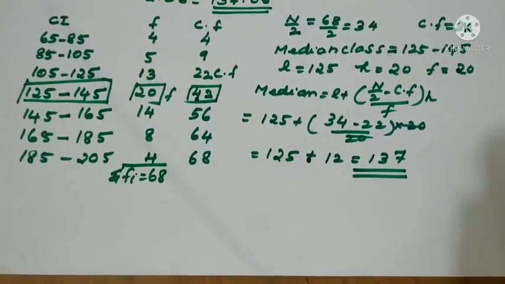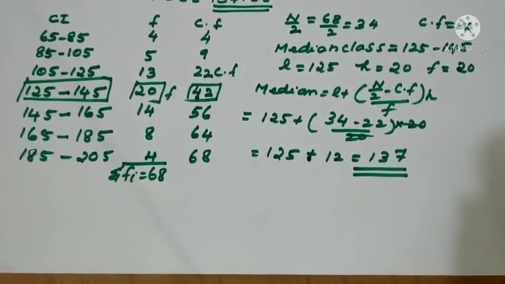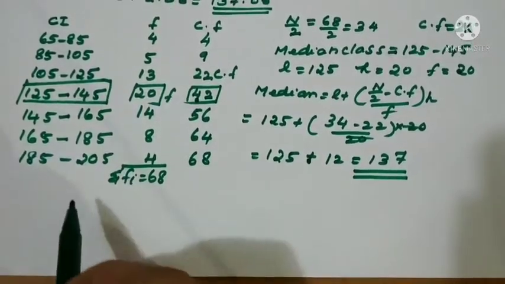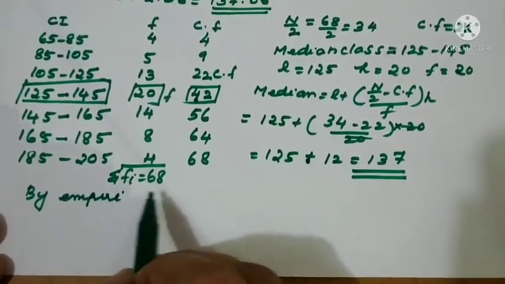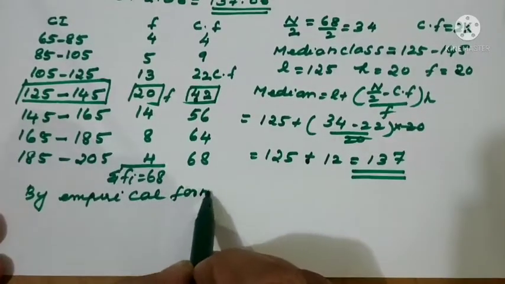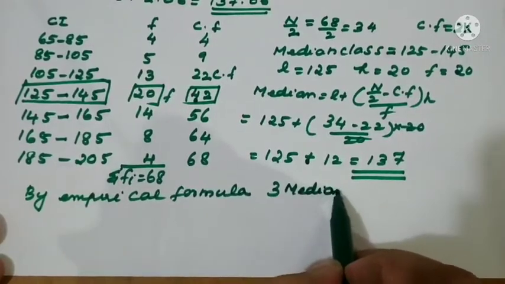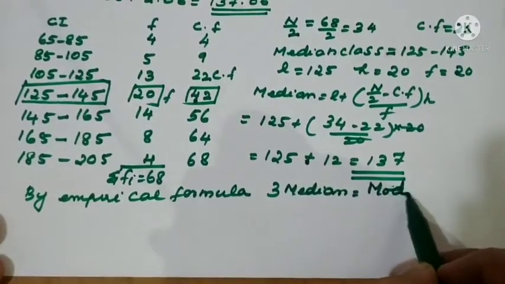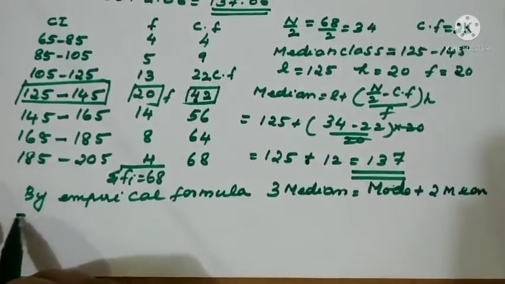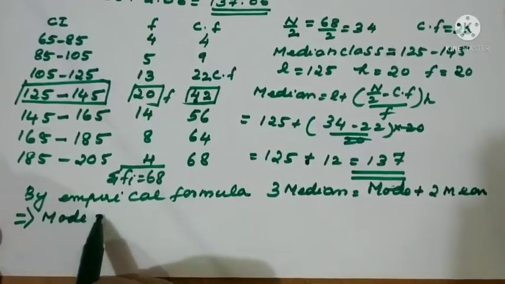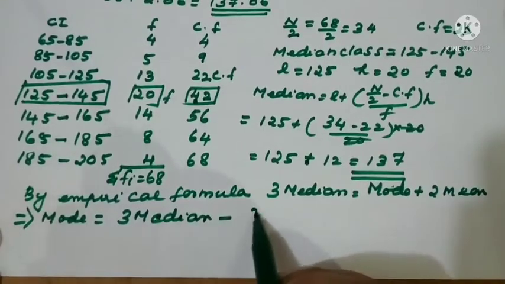Now what is our empirical relation? 3 median equal to mode plus 2 mean only. Three median equal to mode plus 2 mean. So we are calculating mode here. This implies mode equal to 3 median minus 2 mean.